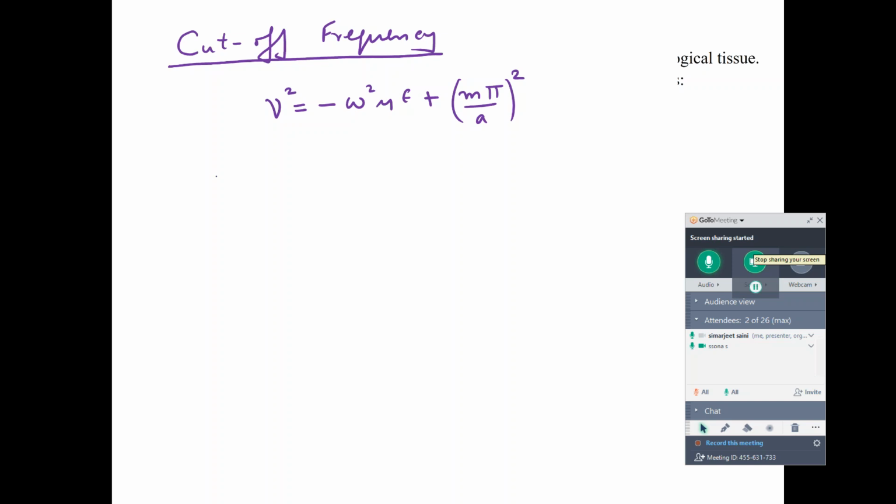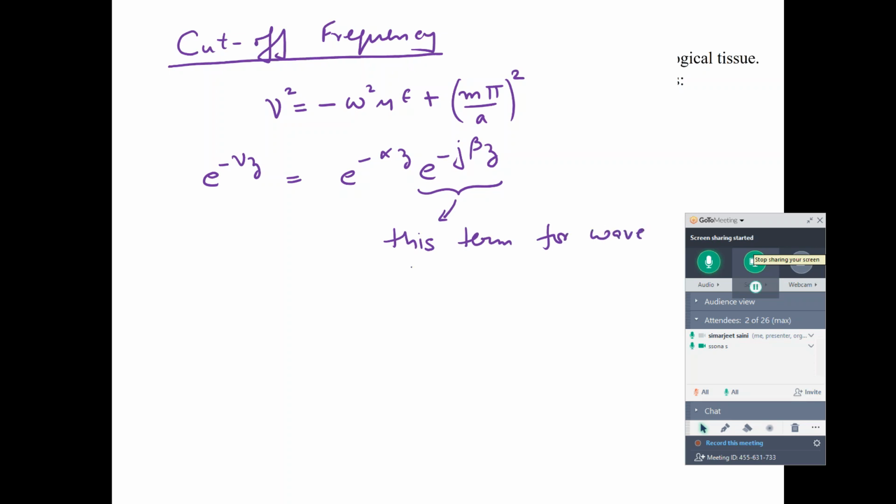And we are looking for a solution which is e^(-gamma z), which is of the form e^(-alpha z) e^(-j beta z). I definitely need this term for a wave to exist or to propagate.